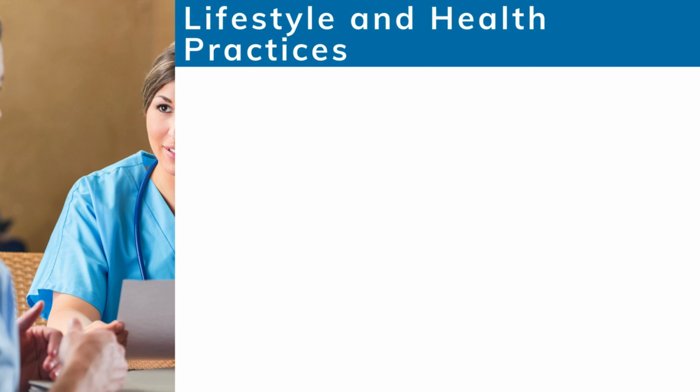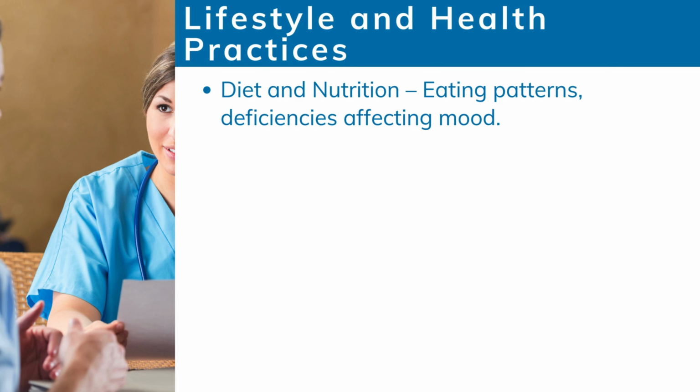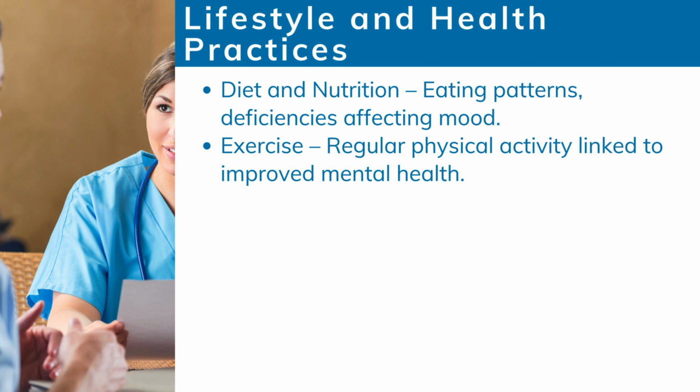A person's lifestyle choices can greatly influence their mental health. Here is what we assess. Diet and nutrition. Poor nutrition, such as vitamin deficiencies, can affect mood and cognition. Exercise.